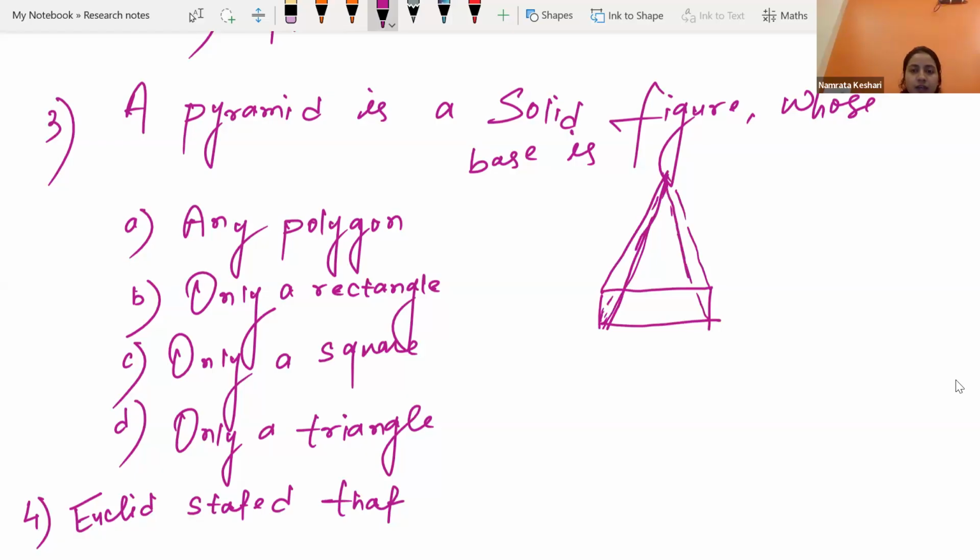Yes, ma'am. Rectangle is true. Now let me draw a square, and this also looks good. It is a pyramid, right? Yes, ma'am. And what about a triangle?